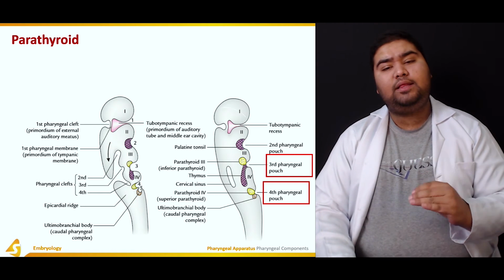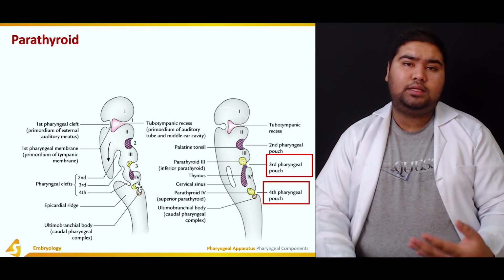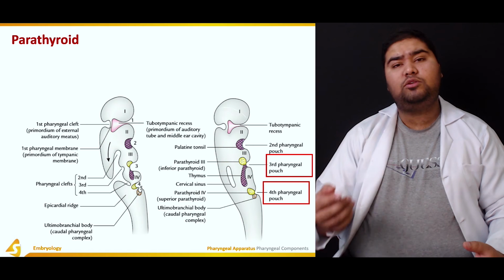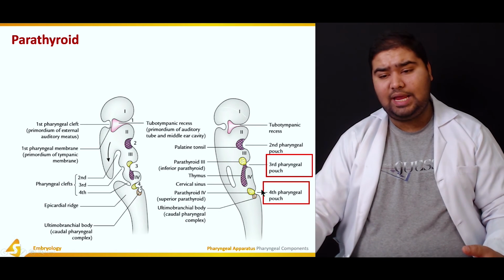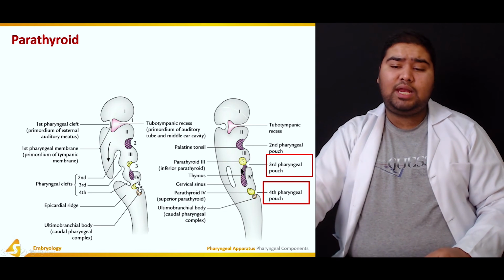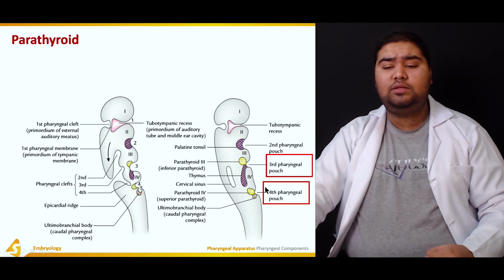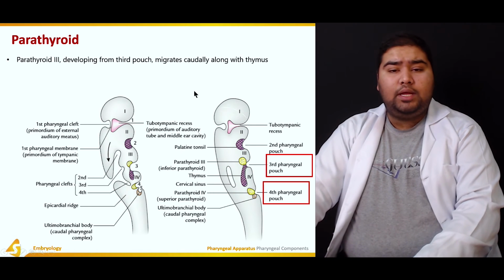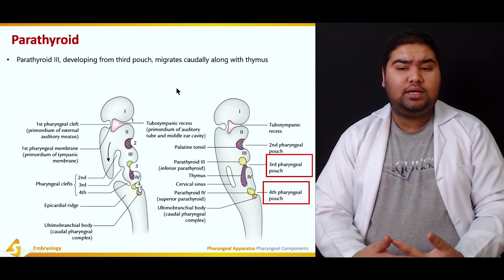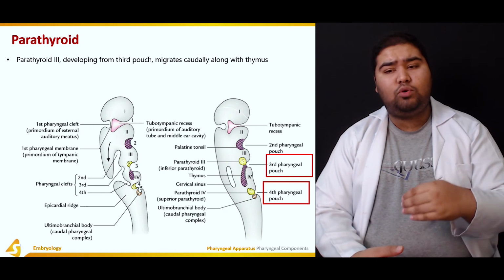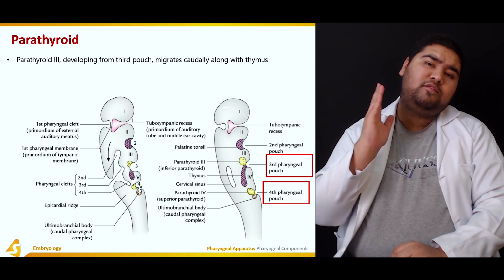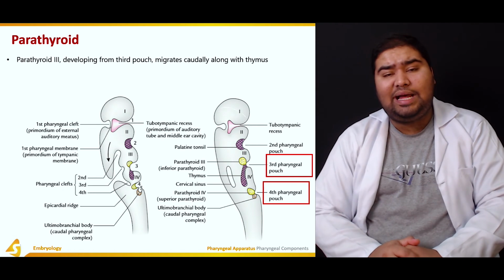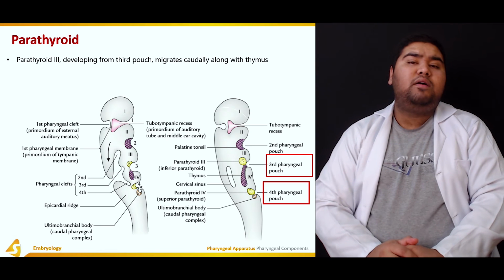Now let's talk about the parathyroids. The inferior parathyroid is produced by the third pharyngeal pouch. The superior parathyroid is produced by the fourth pharyngeal pouch, as you can see in the figure. Initially the inferior lies cranially, and the superior lies caudally. Parathyroid 3 develops from the third pharyngeal pouch and migrates caudally along with the thymus, as they lose their connection with the pharyngeal wall.